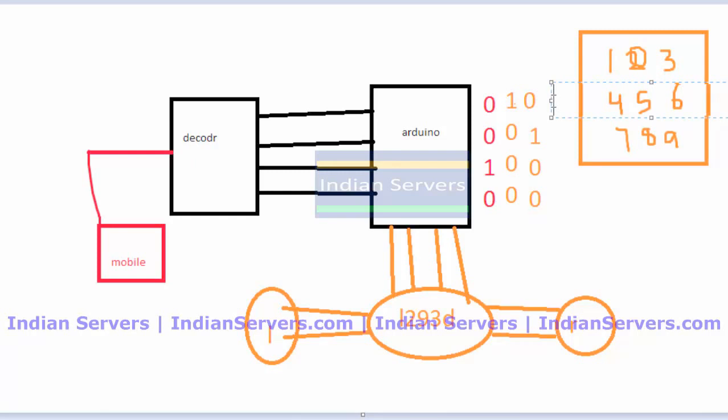If you press 6, the output of the decoder will be 0110. So these are the binary information which you get when we press any button from the keypad of the remote mobile phone.